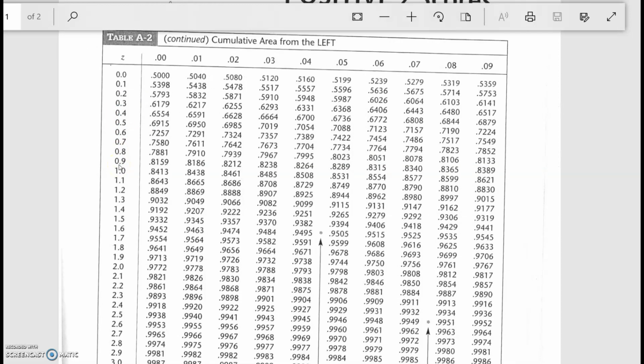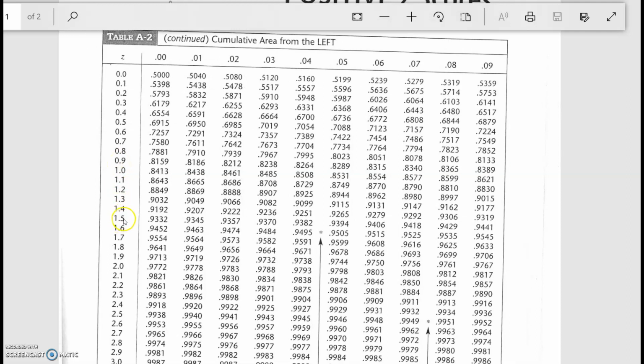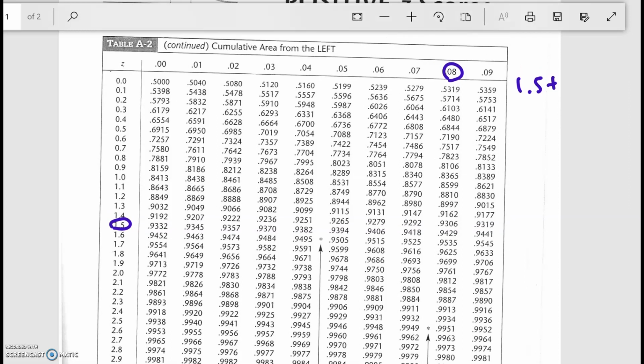So I need to skim down to 1.5. And then this is 0.0, 1, 2, 3, 4, 5, 6, 7, 8. That's the one I need. So if I add 1.5 plus 0.08, that will give me 1.58.